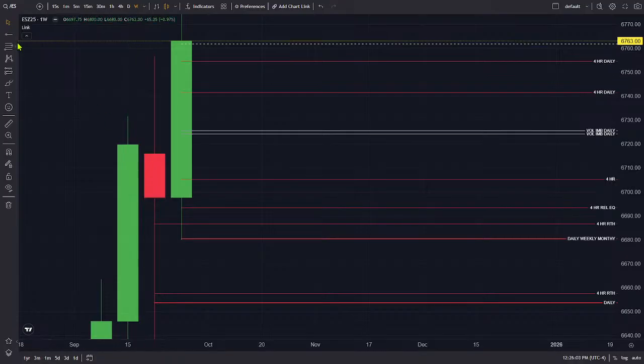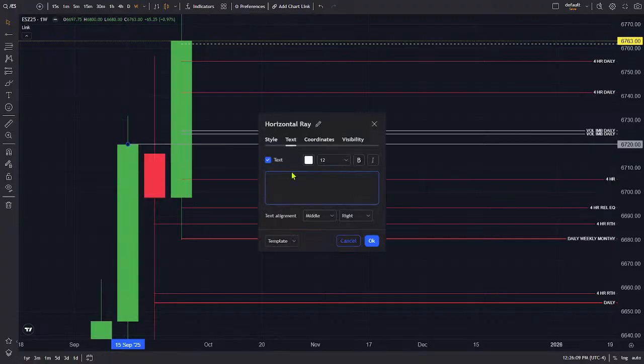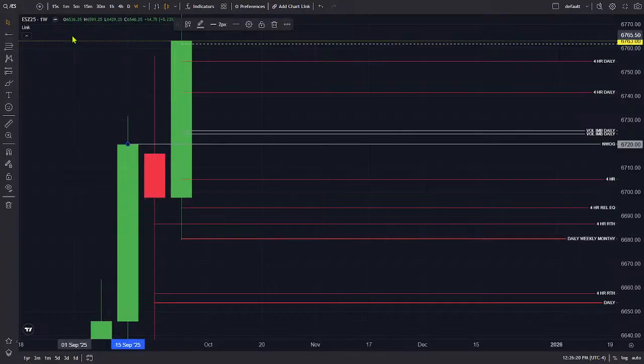That's an important level too. You don't have to leave the lines on your chart, but you need to have the level in your head. Hey, there's an NWOG right around this level. That's a new week opening gap. And even if there is no gap, it's still an important level because the market will oftentimes revisit when we open.